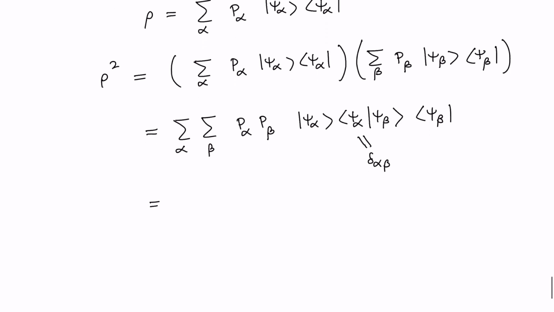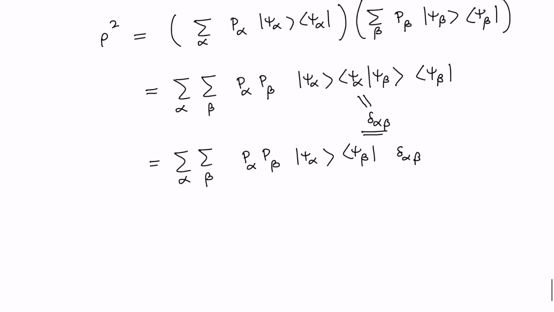So let me now write it as sum over alpha, sum over beta P alpha P beta, because this is just a number, so let me take it to the other side. I have |psi alpha><psi beta| and delta alpha beta. Now you know that the Kronecker delta alpha beta is equal to 1 if alpha is equal to beta, and equal to 0 if alpha is not equal to beta.